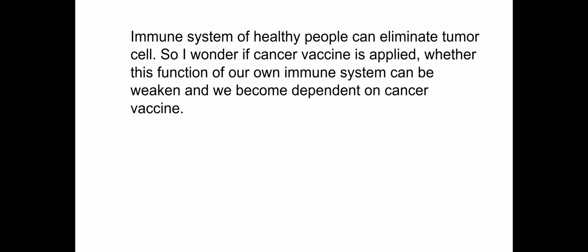Then in that case, we can give a higher number of that antigen and boost our immune system from 5% to 20%. Then 20% is strong enough to attack the cancer. That's one possibility.